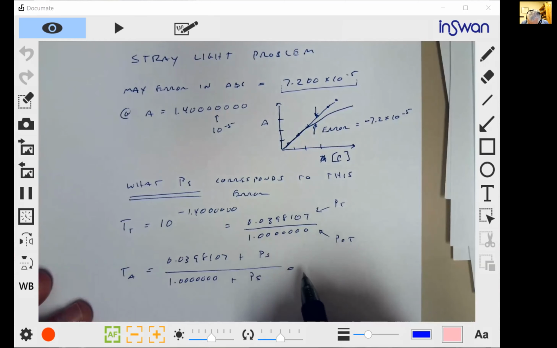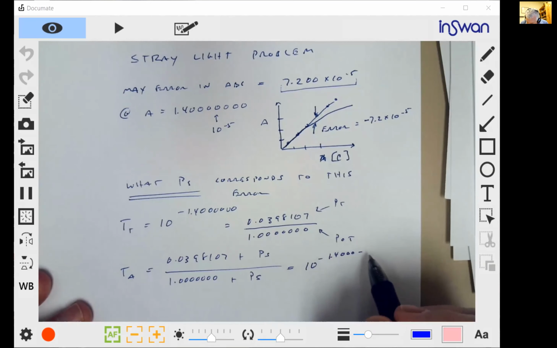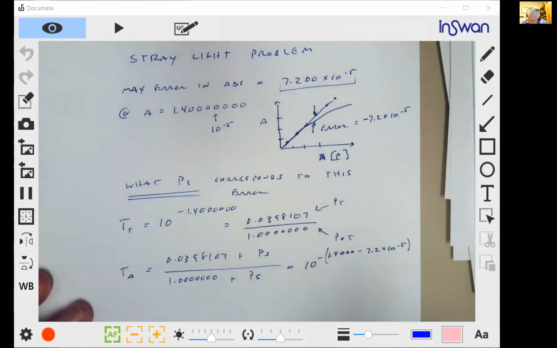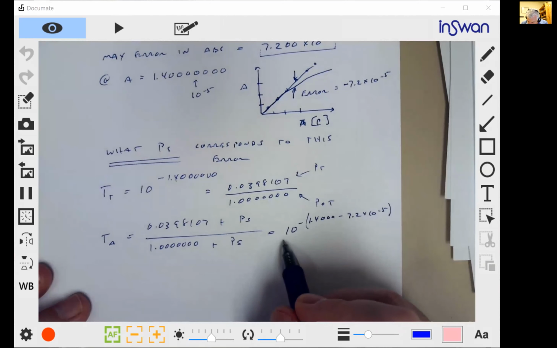And T apparent is 10 to the minus 1.4000 minus 7.2 times 10 to the minus 5, right? That's a big step right there.